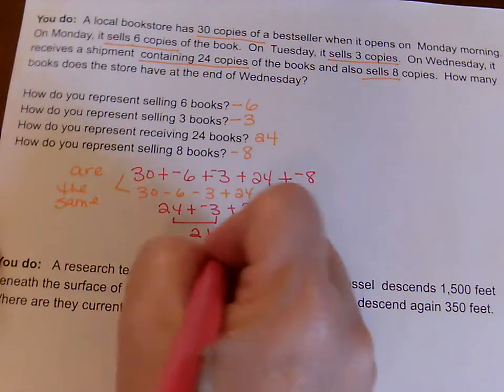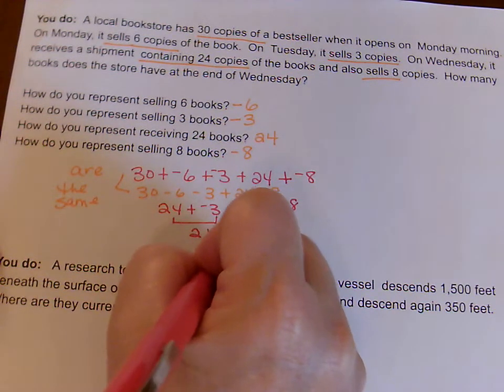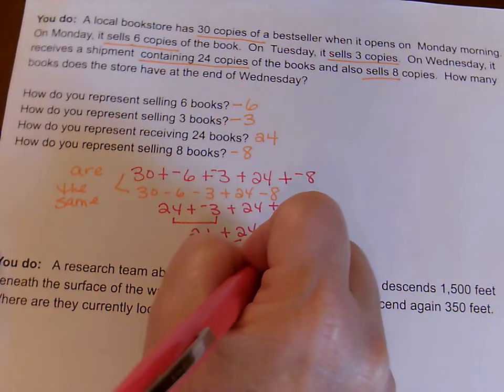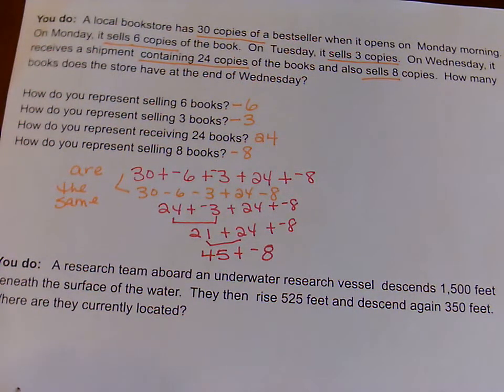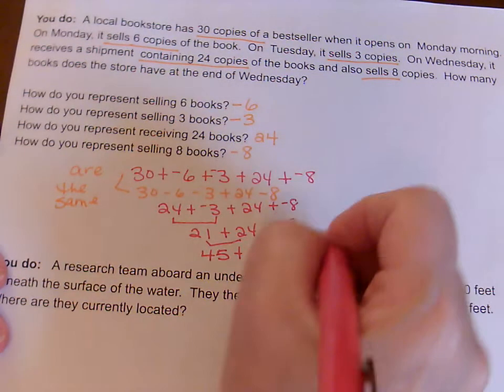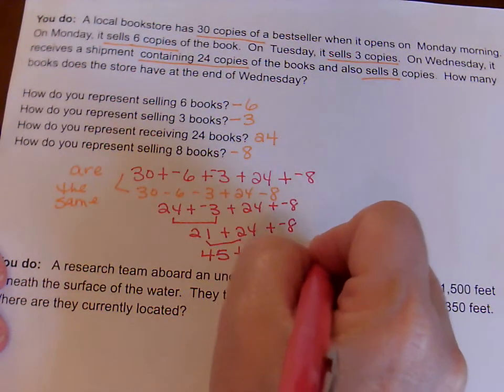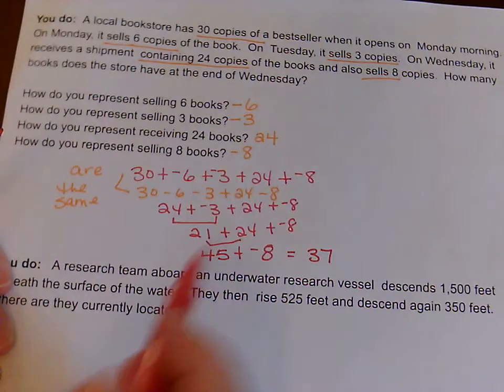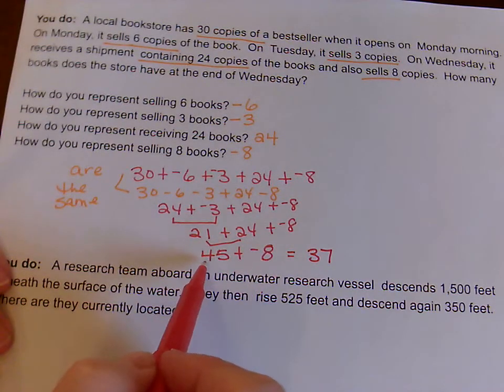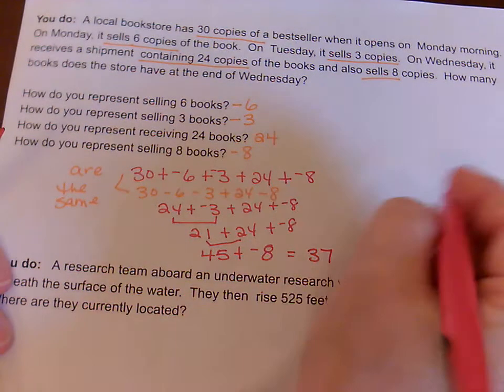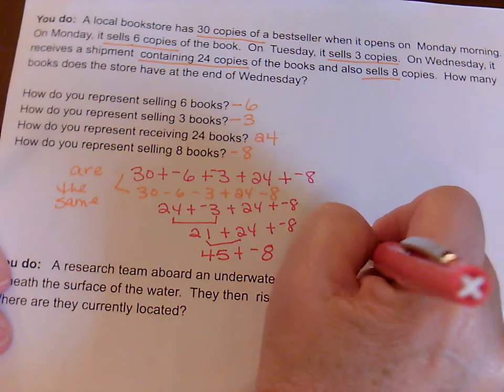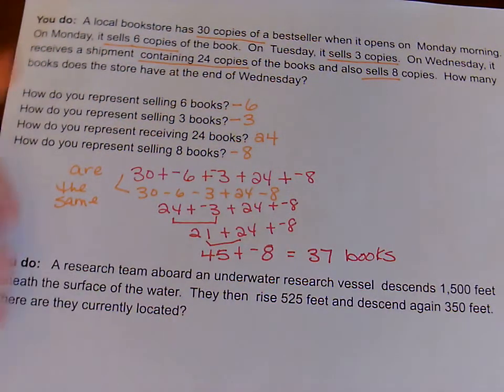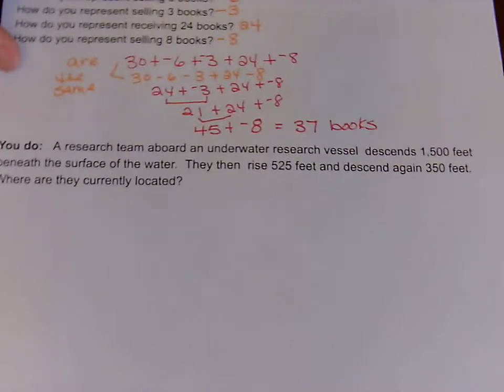And 21 plus 24 is 45 plus a negative 8. Different sign, subtract. So 45 minus 8 is 37. Which sign has the largest absolute value? That's going to be 45. So they have 37 books at the end of the day on Wednesday.